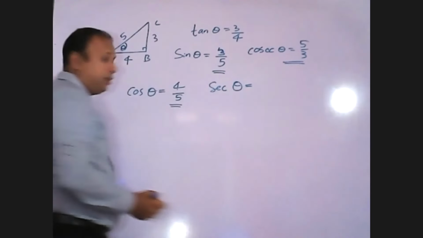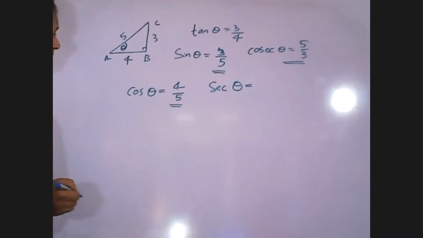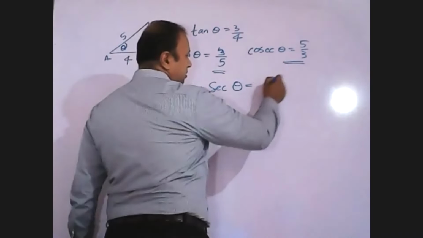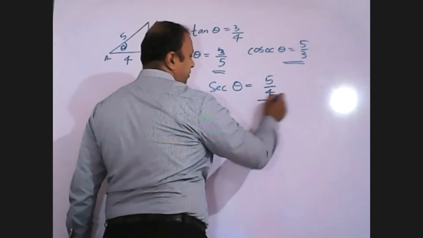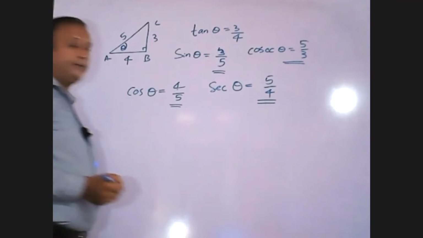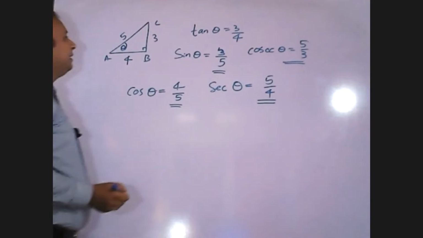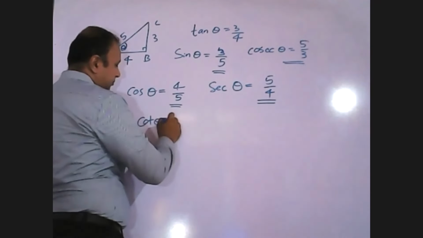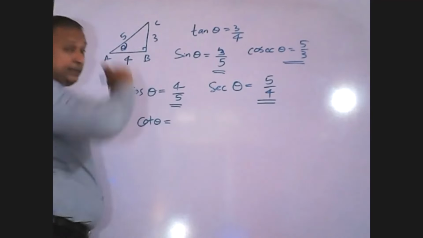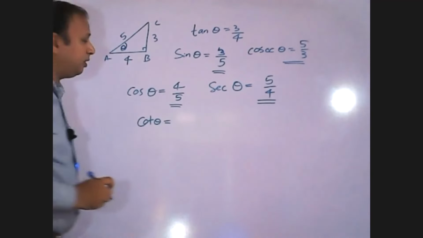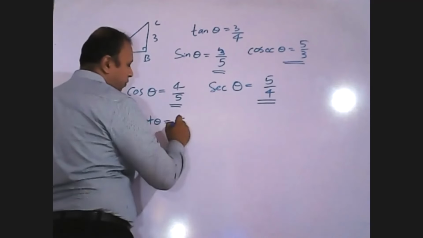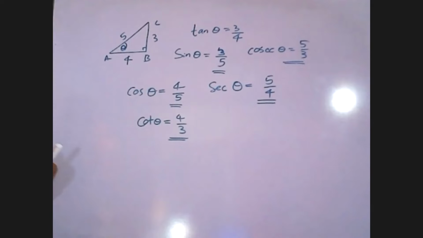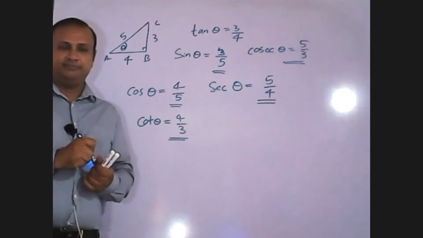Sec theta is the reciprocal of cos theta, means 5/4, hypotenuse over the adjacent side. Then tan theta, you know the tan theta. Then cot theta. Cot theta means the reciprocal of tan theta, which is 4/3. Do you understand?